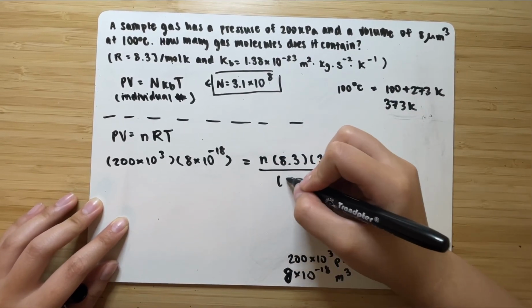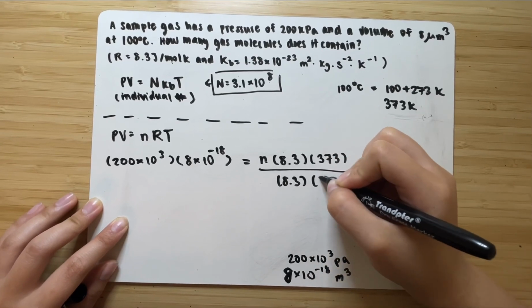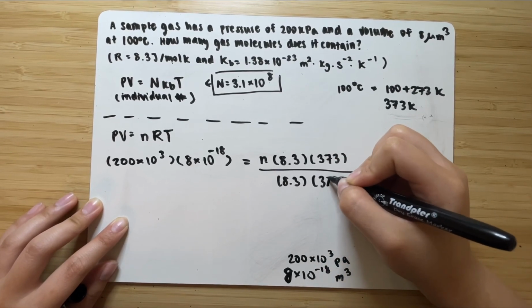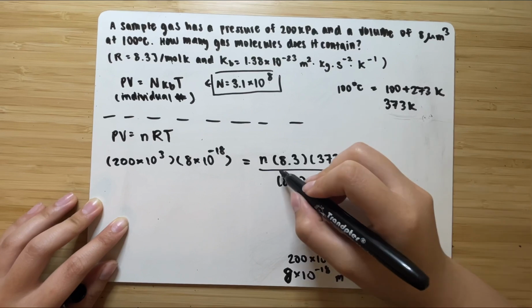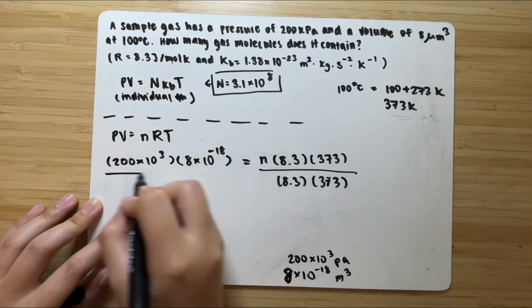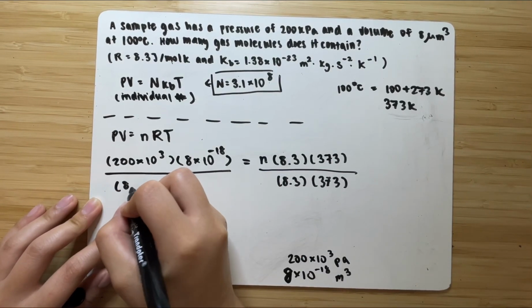Now we want to divide 8.3 times 373 on both sides to solve for little n.